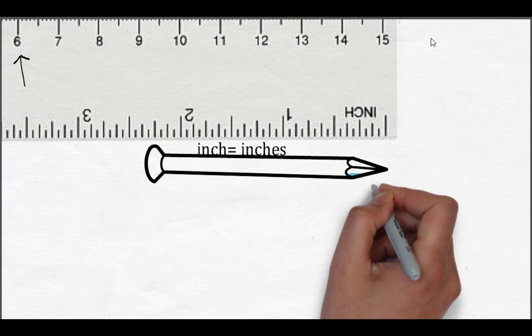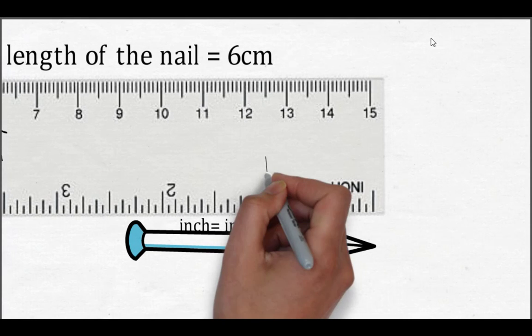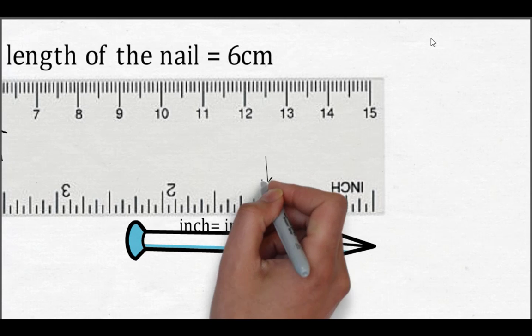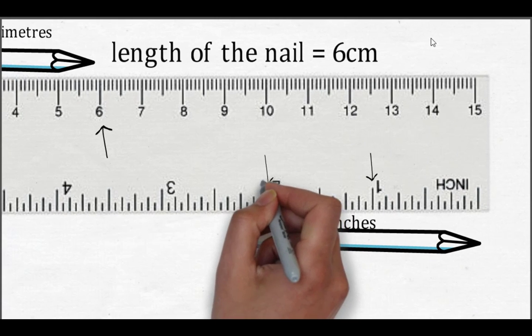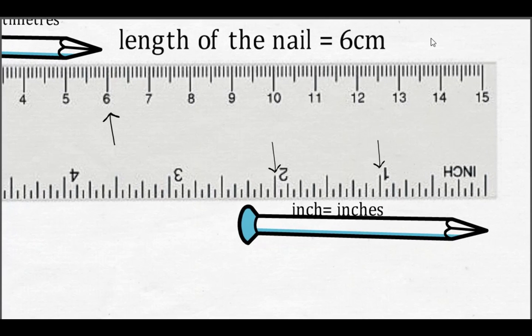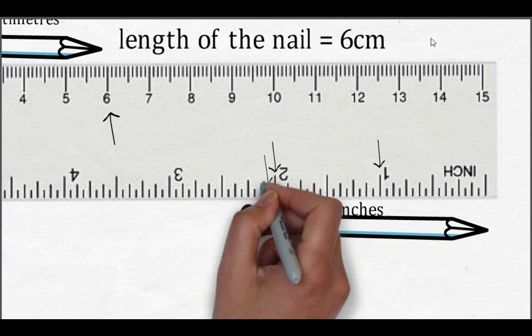Again, let us put that same nail in the inch position. Here it is 1 and up to 2 we have the numbers, but we don't have any number here. So what will we do? We will count these small points.